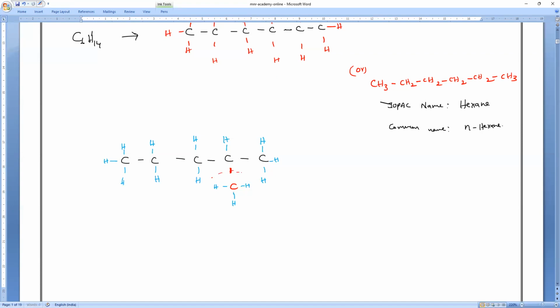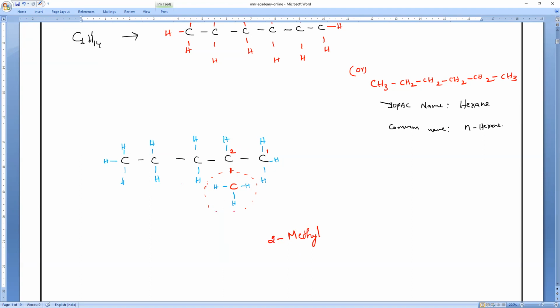So what alkyl group is present here? What is the name of the alkyl group? Methyl. And wherever that alkyl group is present, that carbon should get what number? The lowest possible number, am I right? So we have to move from right to left. So 2. How many methyl groups? 1.